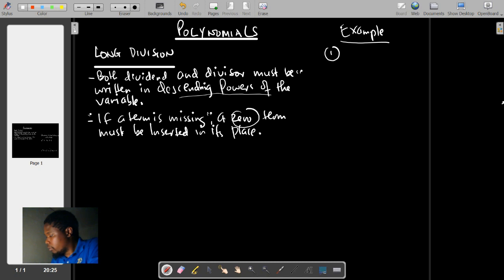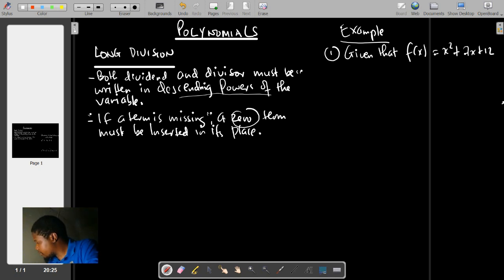All right, number 1. The first example is saying that, given that f of x is equal to x squared plus 7x plus 12, and another function, g of x, is equal to x plus 4.